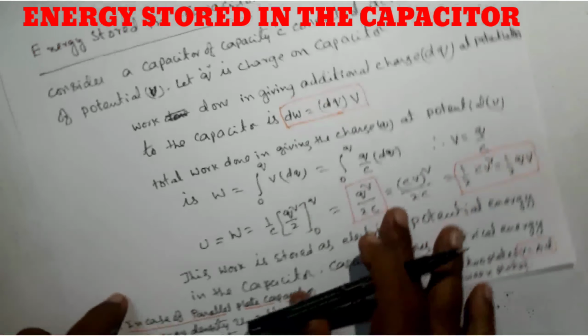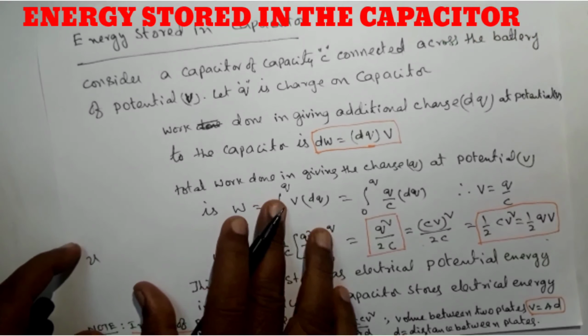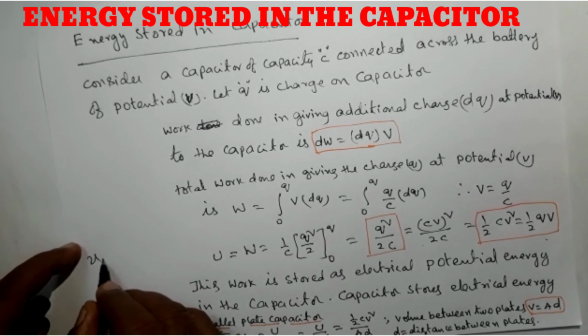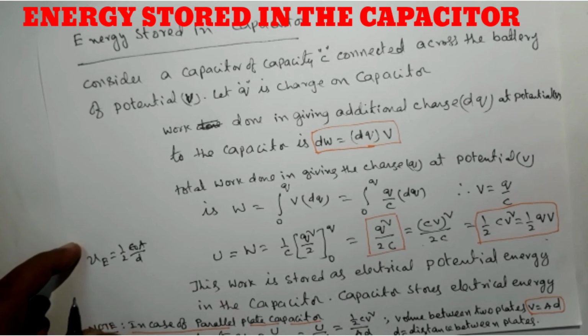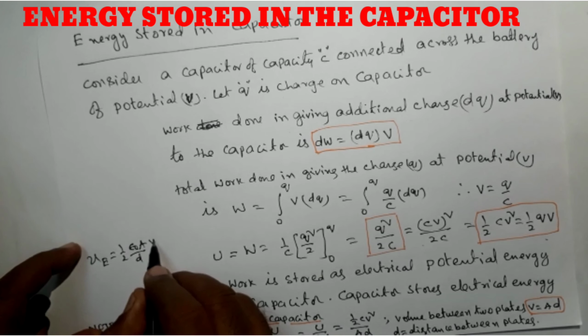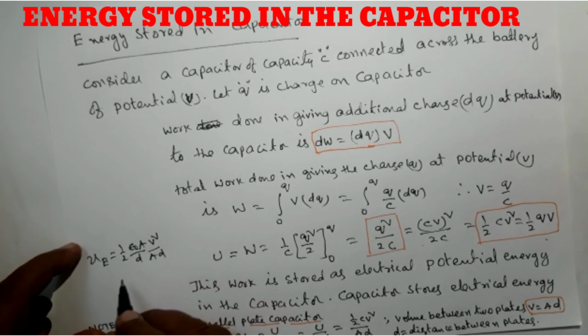Here, the energy density UE equals half epsilon naught A by D into V square by AD. A and A get cancelled.